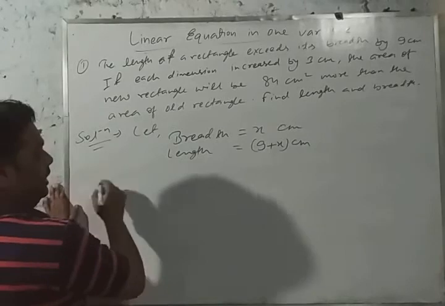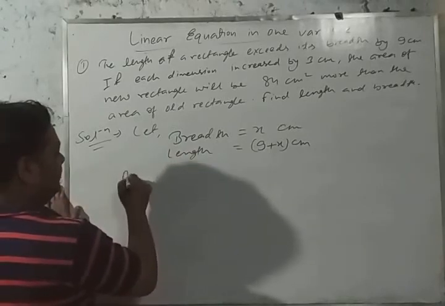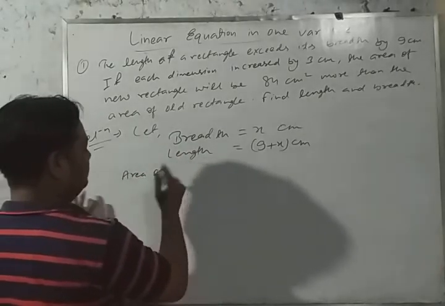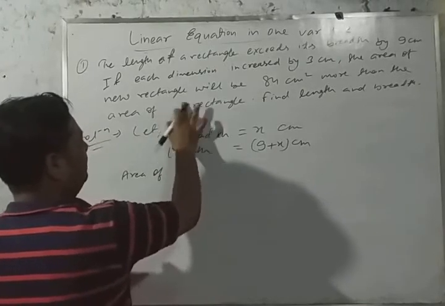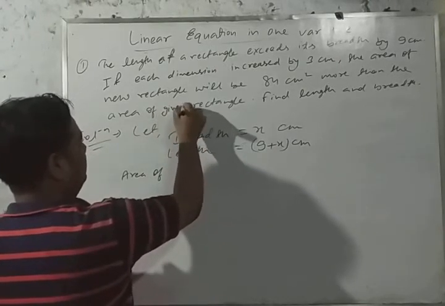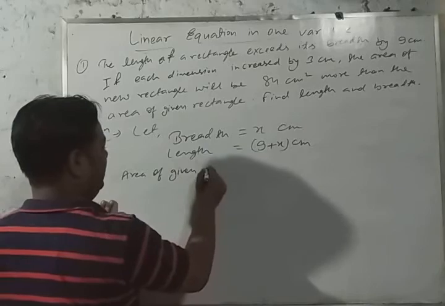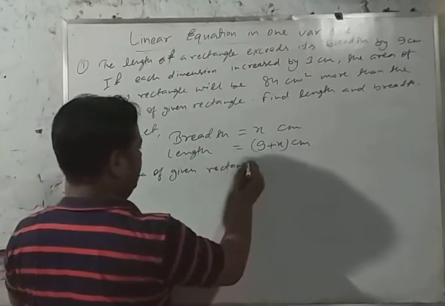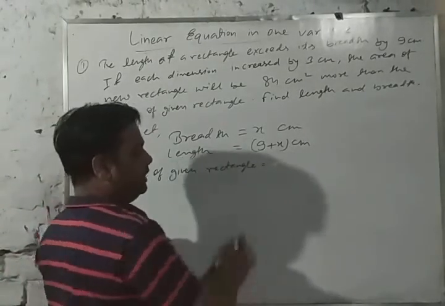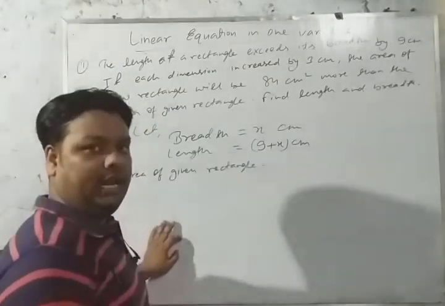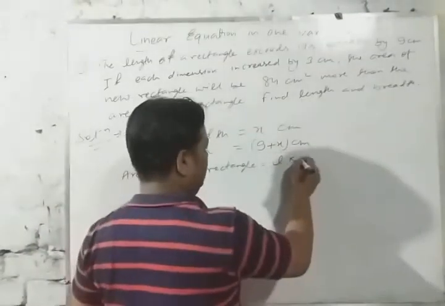Now, the area of the given rectangle, meaning the previous rectangle. We know that the area of a rectangle is length into breadth.